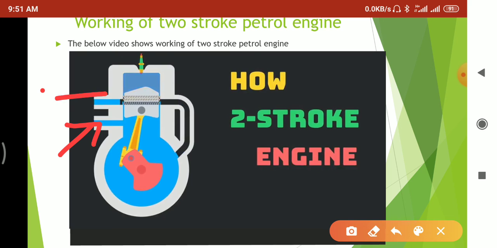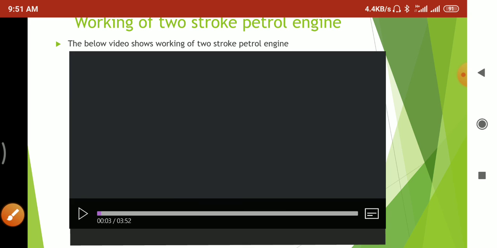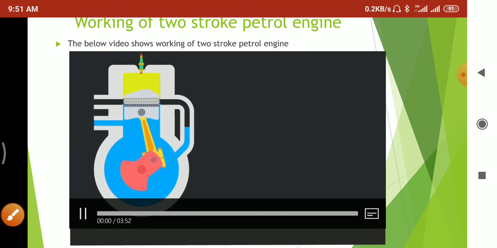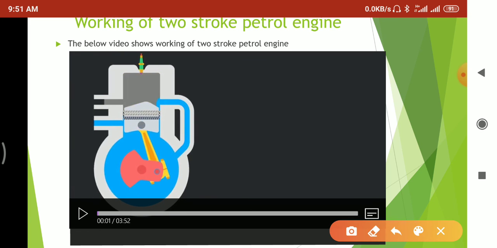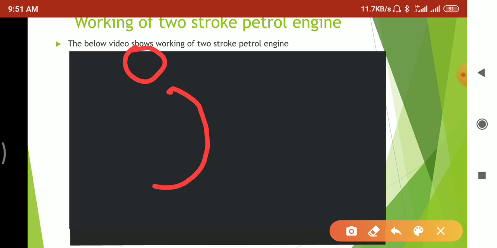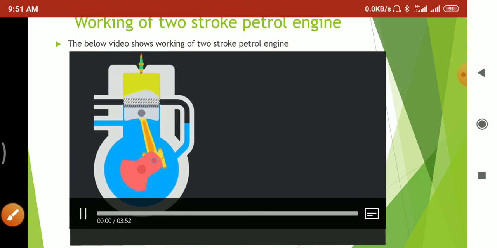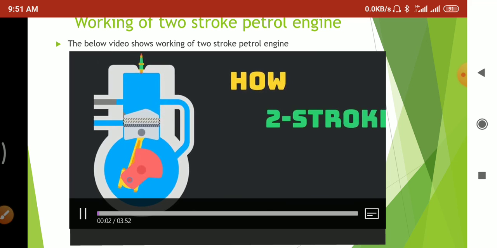This is the exhaust port, meaning the burnt gas escapes from it. Then this is the transfer port, meaning the fresh charge enters from the crankcase to the cylinder through it. This is the spark plug, which ignites the fuel by sparking. This is the working of a two-stroke petrol or diesel engine.